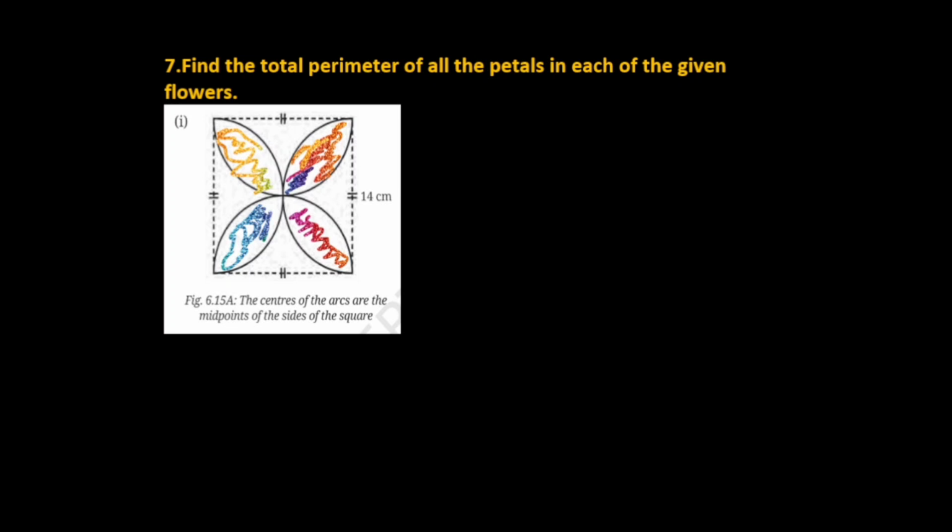Consider the curve, this one. This is the curve with diameter 14 centimeter. All the sides are 14 centimeter, it is a square. So all the sides are 14 centimeter. So this pink color, say L1, diameter D1 is 14 centimeter.